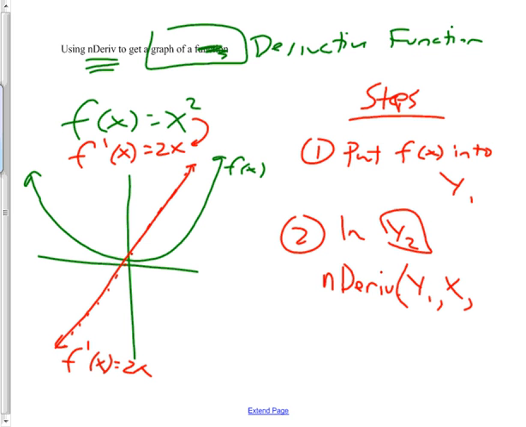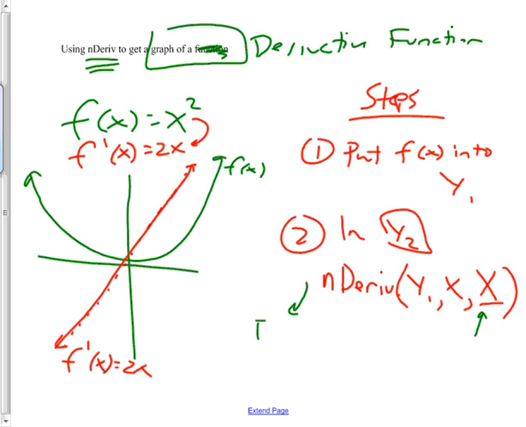But instead of putting a specific point here, like before when we put 3, now we want to find the derivative for every single value of x. So for any value of x, we're going to find the derivative. So y1, comma, x, comma, x. And that's it. That's all we do.